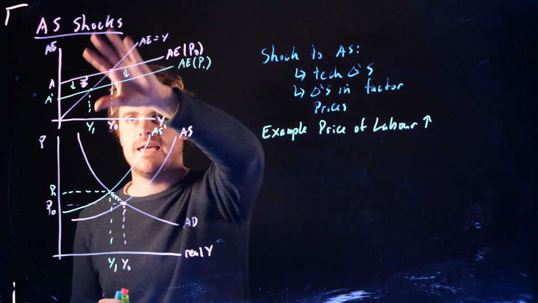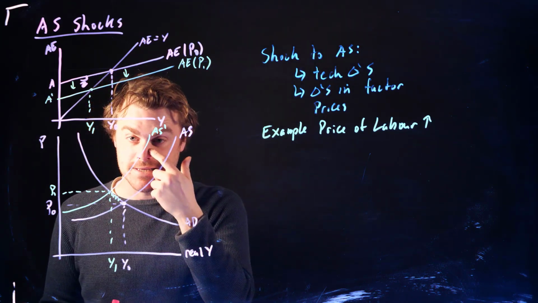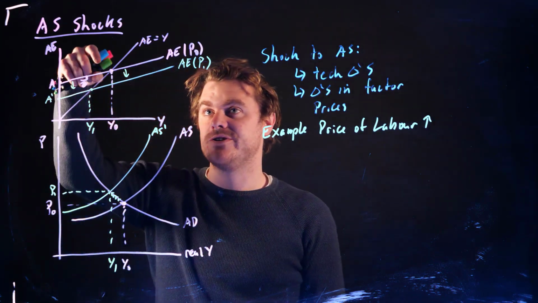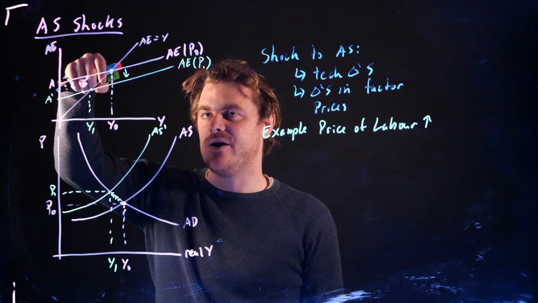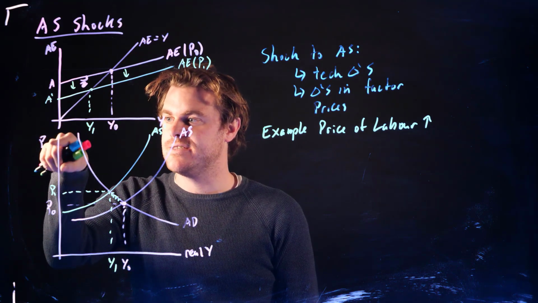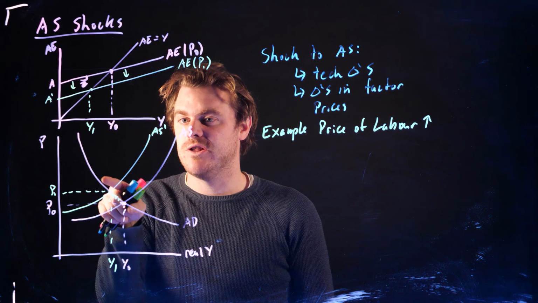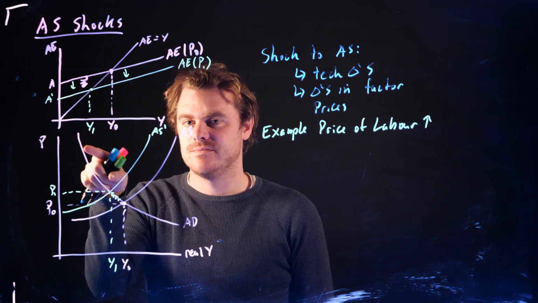So what's happening on the AE side of the economy is that this AS curve shift is causing the prices to go up, which is shifting this AE curve down. That doesn't cause a shift in the AD curve because price is on one of our axes. So it's a movement along this AD curve.